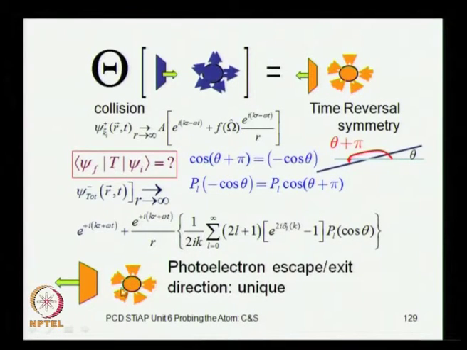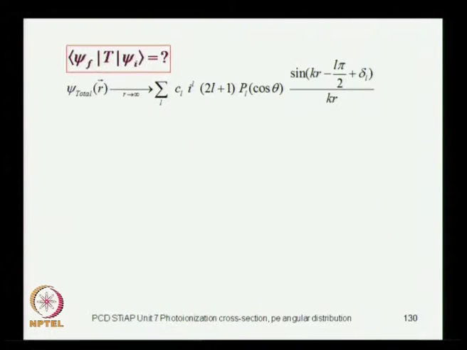So, in the initial state there is no electron direction to reference to. What you have is the photoelectron escape direction, which is a unique channel, and this is the direction with reference to which angles will be measured, and the two processes are connected to each other through the time reversal symmetry, as we have learned. So, we will use that in writing our expression for the total wave function CL.